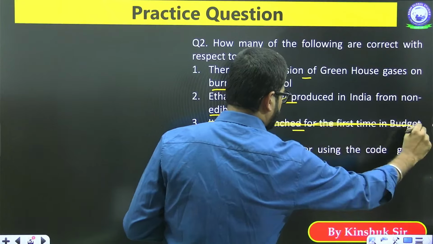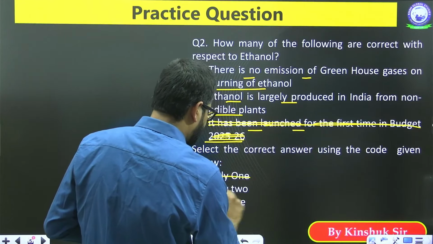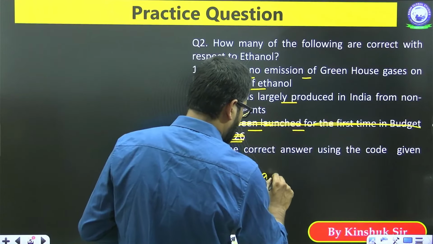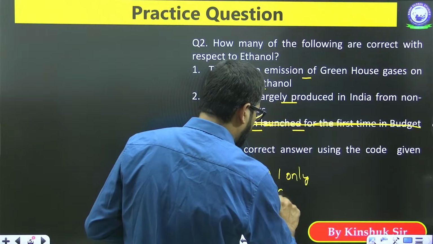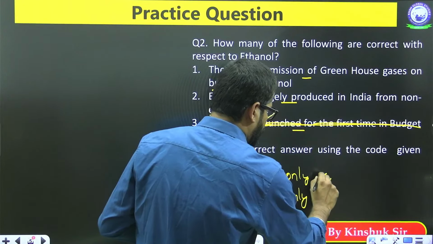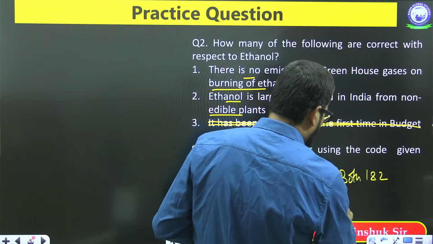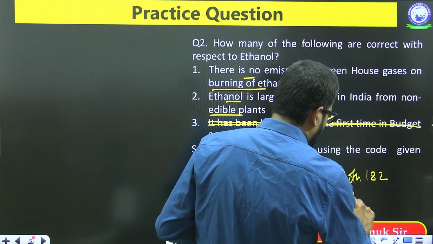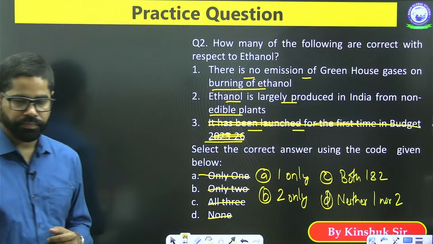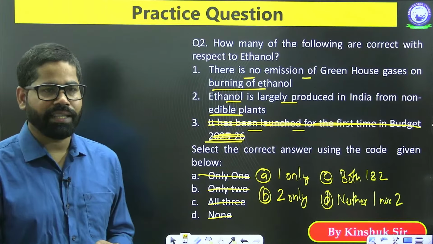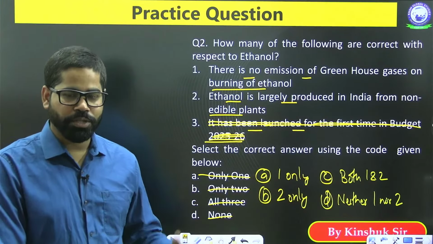Just on the basis of the first two, I am changing the options a little bit. A option is 1 only. B option is 2 only. C option is both 1 and 2. D option is neither 1 nor 2. So what will be the answer?